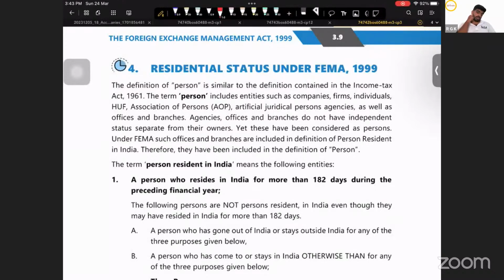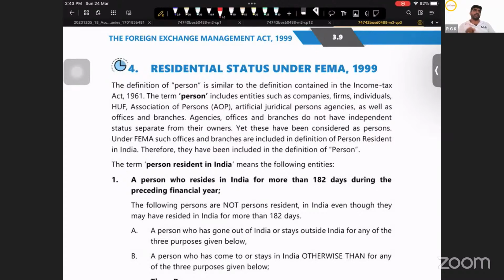Once we understood the definition of person, it becomes very important for us to determine the residential status. Residential status means identifying whether a person is resident in India or resident outside India.